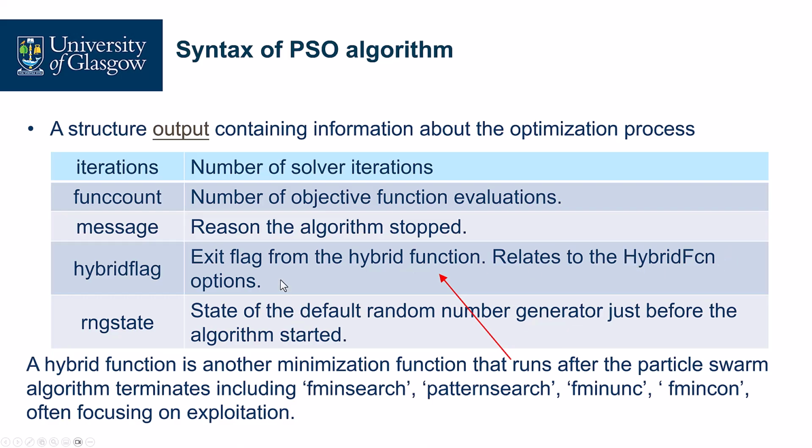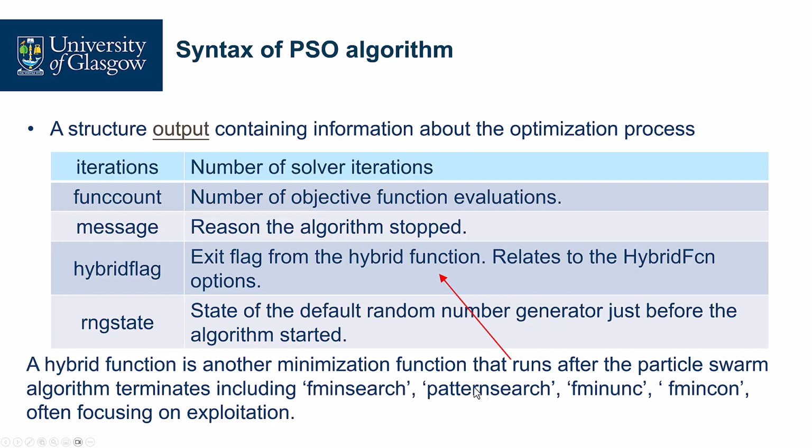So what are these? Hybrid function means that PSO, we know that this is a global optimization function in the Global Optimization Toolbox. So sometimes, after a global optimization technique, we may want to further improve it locally. So we can do a local optimization using the optimal result of PSO. For example, we can use fminsearch, patternsearch, fminunc, fmincon.